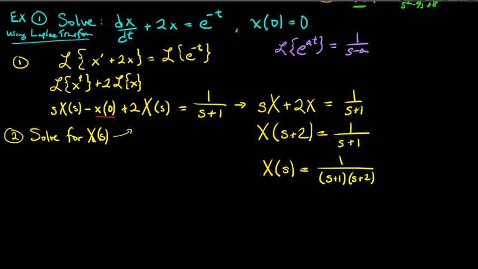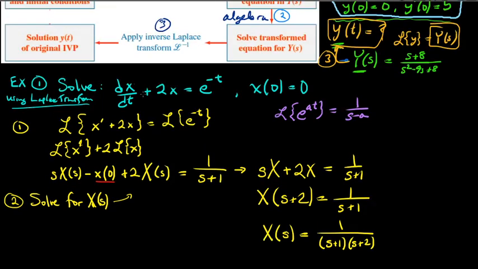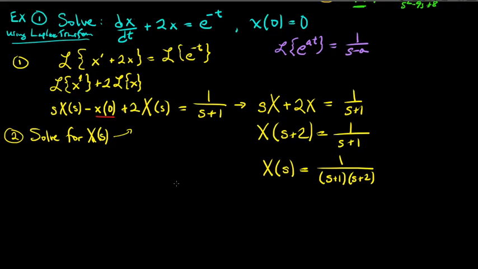All right, now comes the hardest part, step 3. To remind you, step 3 is to take the inverse Laplace transform. Remember, our goal is to solve for little x as a function of t. What we have is capital X as a function of s. So we're going the other way.